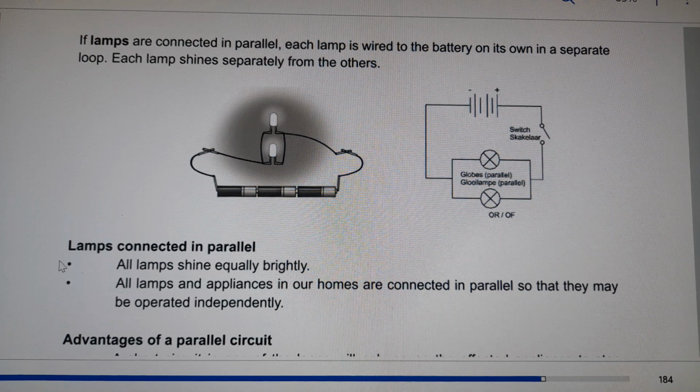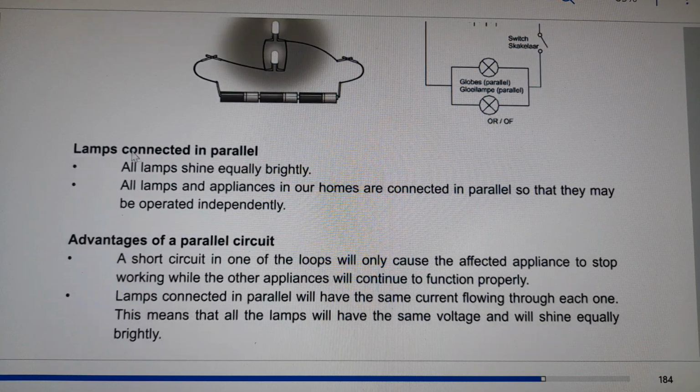So what are the advantages of bulbs connected in parallel? All lamps shine equally brightly. All lamps and appliances in our homes are connected in parallel so that they may be operated independently. So if one fails, the other ones in the other rooms will still work.